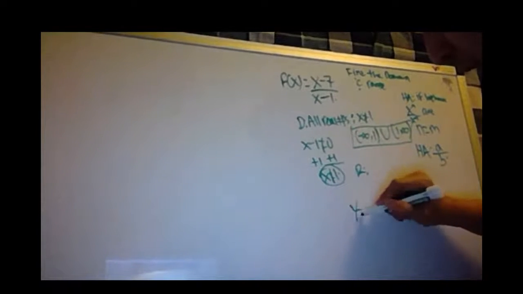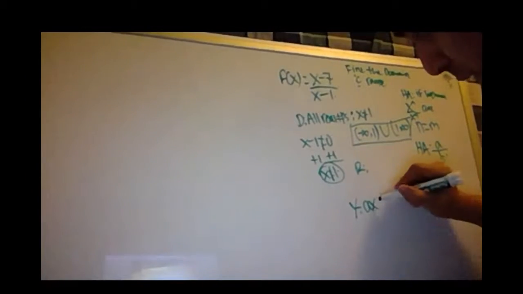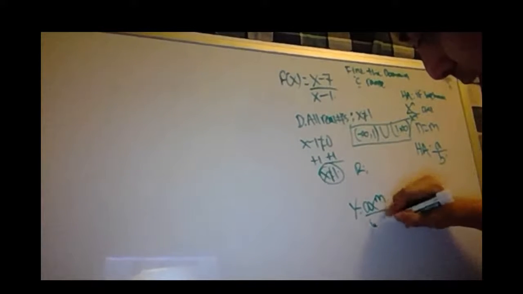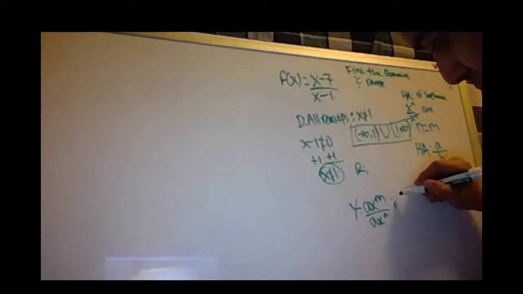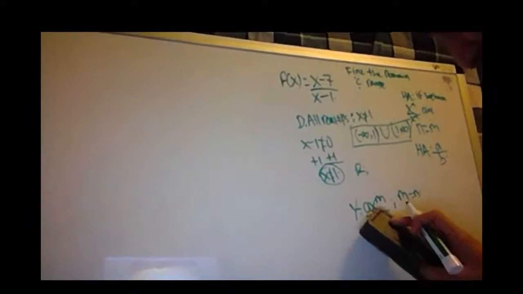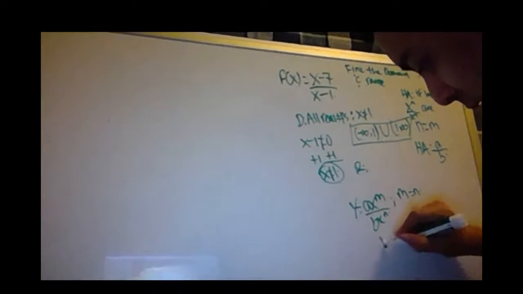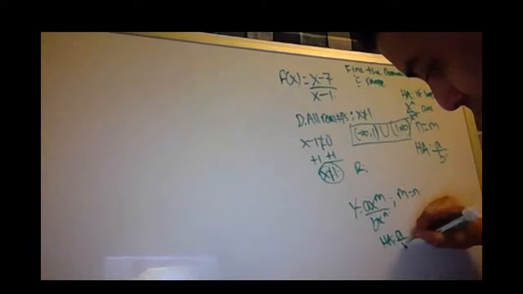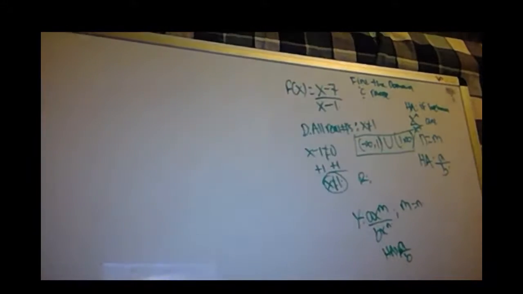That's if we have y equals ax to the n over bx to the m, and m equals n, then the horizontal asymptote would just be a over b. I just wanted to make sure we understand that.